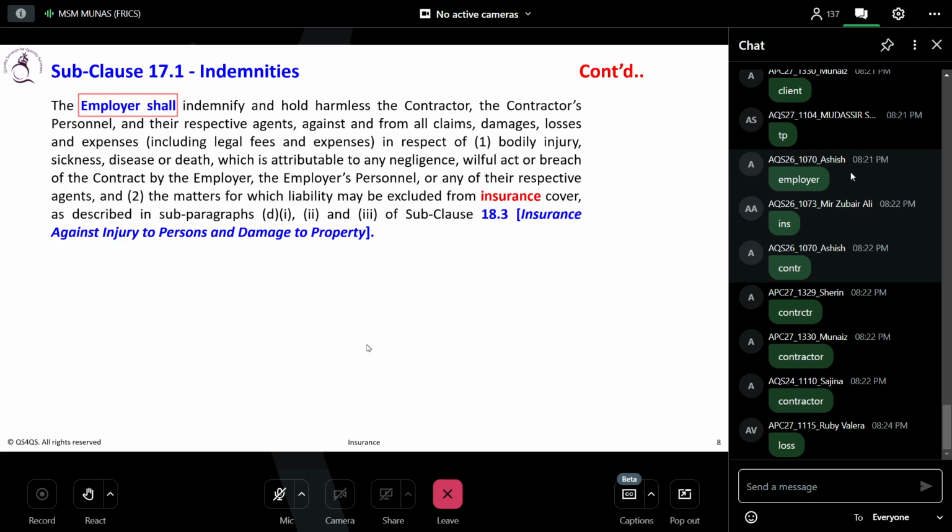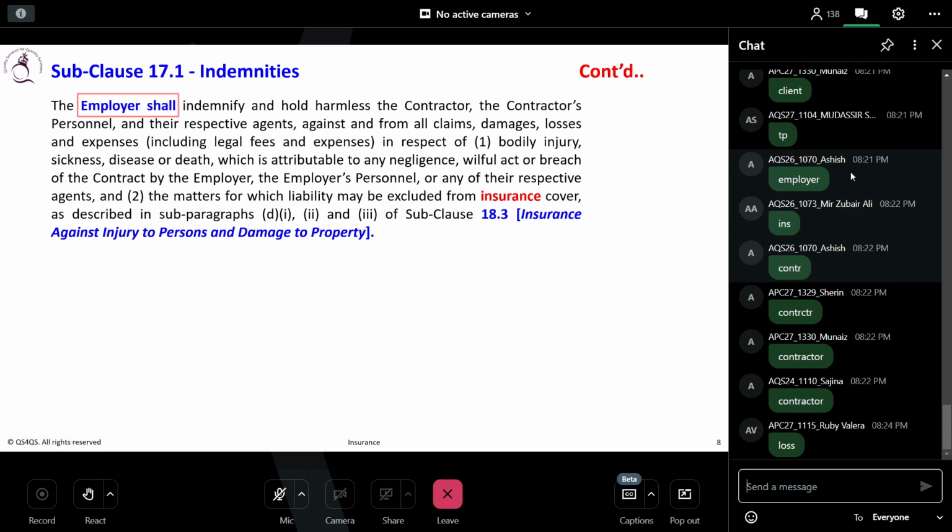So therefore, it says very clearly, insurance coverage only the contractor will cover, as described in subparagraph D1, 2, and 3 of subclause 18.3, against injury to the person and damage to the property. We will learn about this in upcoming slides.